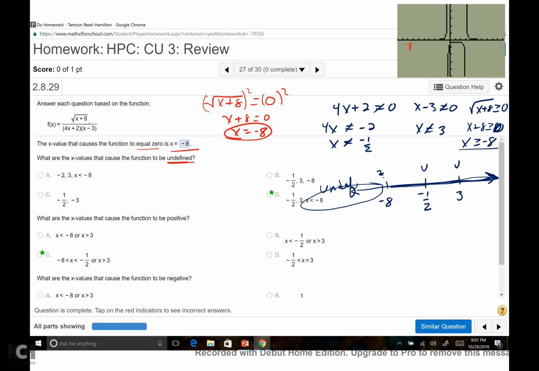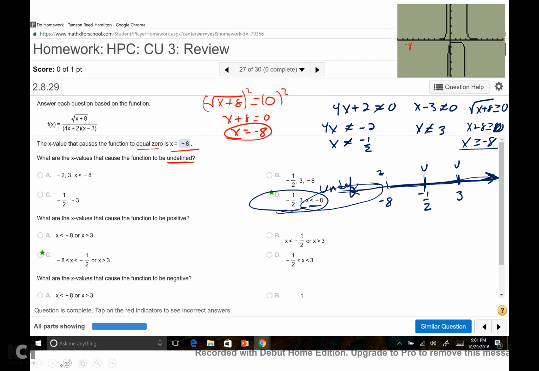So my 0 is at -8, and my undefined is at -1/2, +3, and anything less than -8. So this whole section is undefined, and that's where they got this answer. Okay?